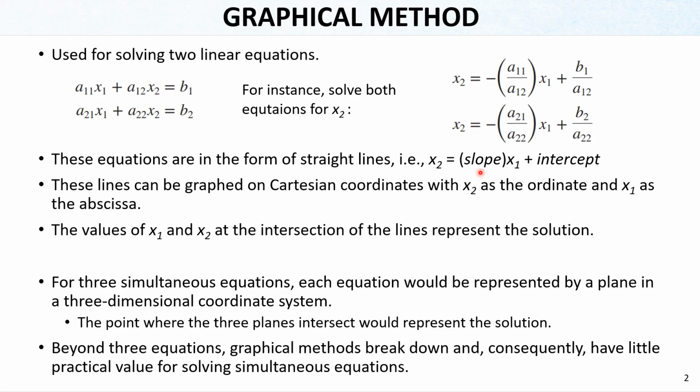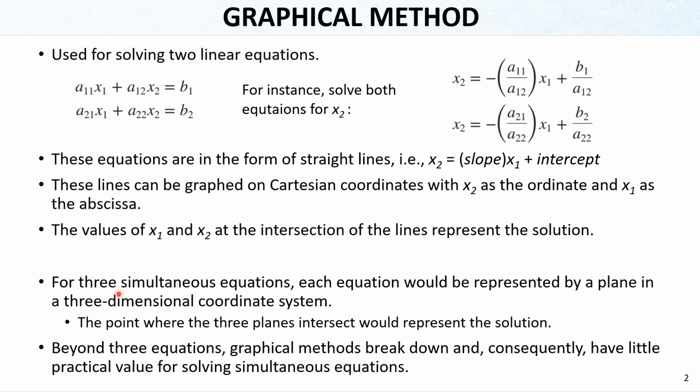Here x2 has a slope and an intercept. From here we will have two lines, and the intersection of these two lines will give us the results of x1 and x2 in the Cartesian coordinates. The intersection of the lines represents the solution of x1 and x2.